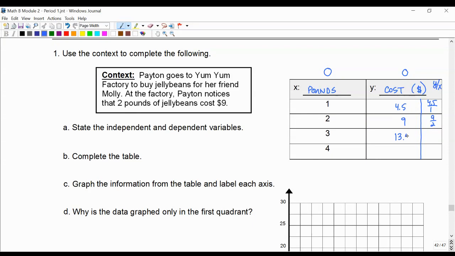So we have 13.5, and then we have 18. If we were to divide these out, which we don't necessarily need to do, we would see that they're all equal to 4.5. All right, so we now know that the independent, or the x, is number of pounds, and the dependent is the total cost.